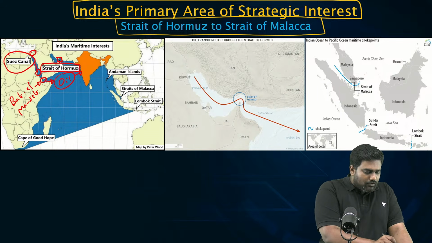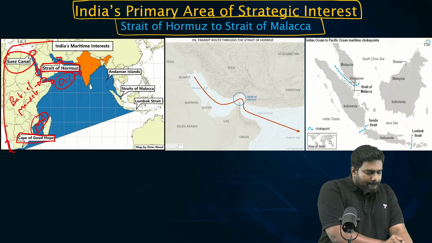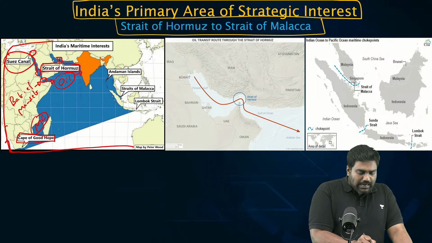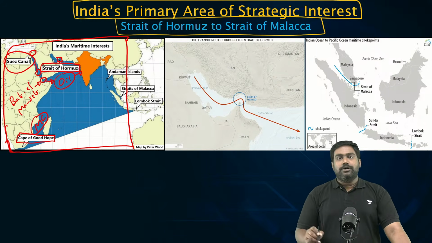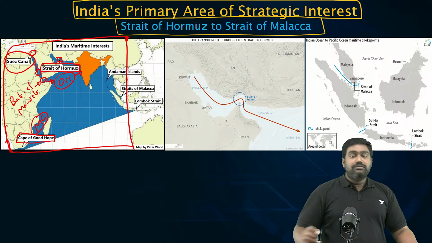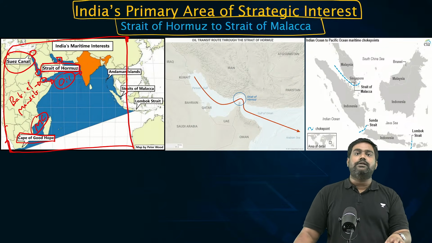Then we have Cape of Good Hope and the Mozambique Channel over here in Eastern and Southern Africa. So this belt stretching towards Malacca Strait, covering even Central Asia in the north. This box that I have drawn here, this is our primary area of strategic interest.